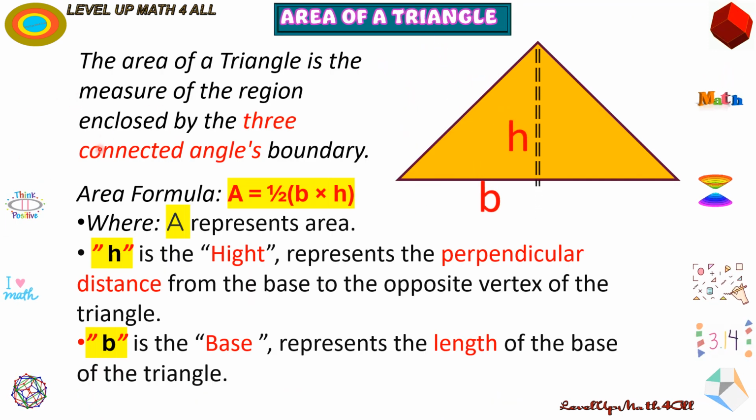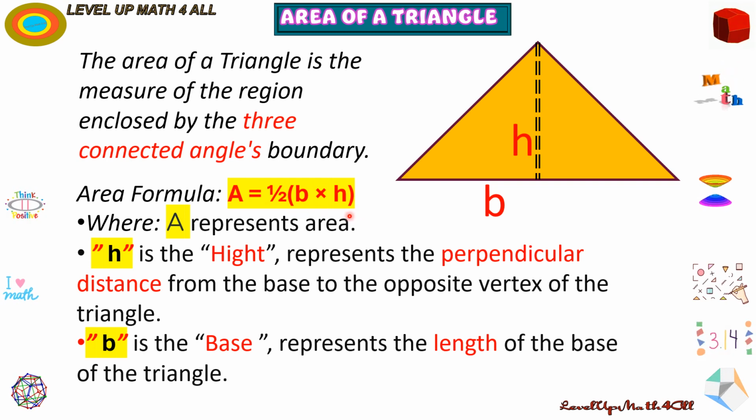So here is the description, which we already discussed a couple of seconds before. Area of a triangle is basically the region between the three connected angles boundary, which we are going to find here. The formula is A is equal to 1 by 2, or equal to half. I generally like to use the term half BH.